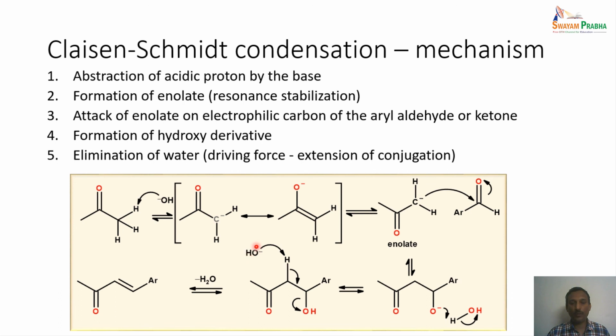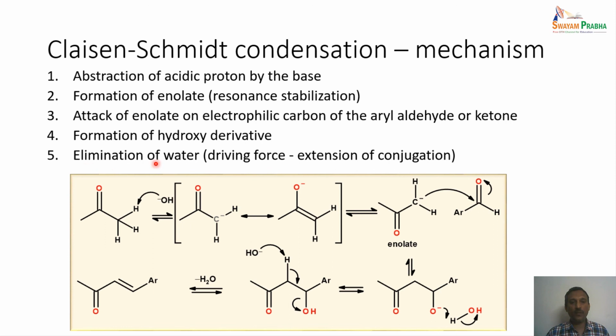The base present in the medium abstracts a proton, which leads to the concomitant loss of the OH group. So water is lost, forming the chalcone-like derivative, that is the alpha beta unsaturated system. If there is no aromatic system, then the reaction may stop here. This is nothing but the cross aldol product.